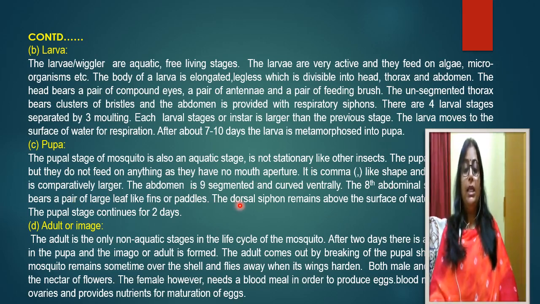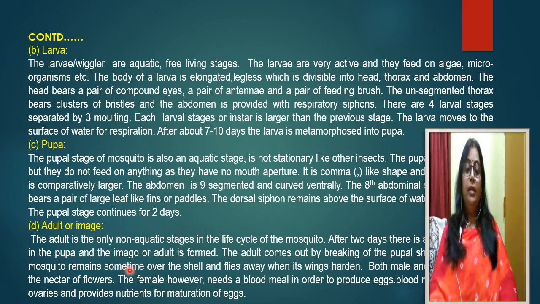The abdomen is 9 segmented, and the 8th abdominal segment of pupa bears a pair of large leaf-like fins or paddles. The pupal stage continues for 2 days.